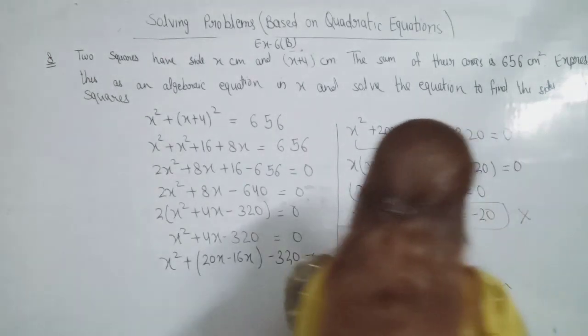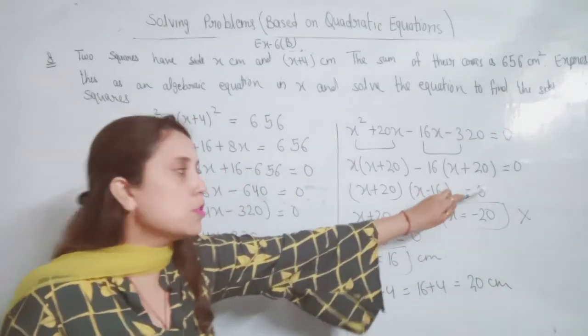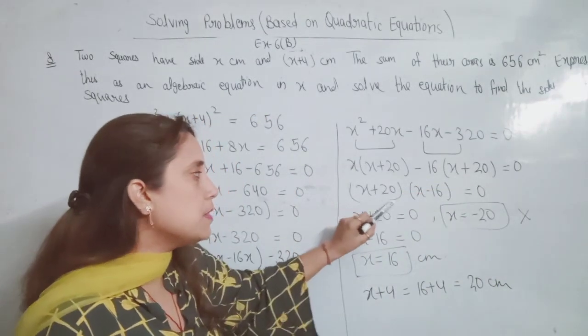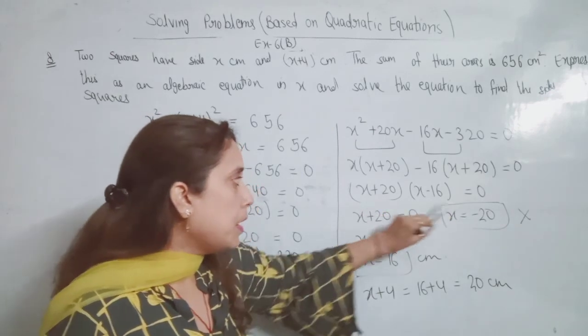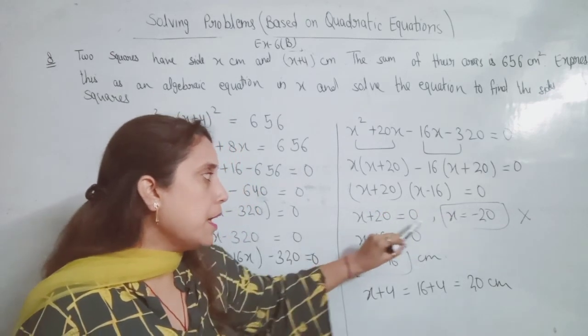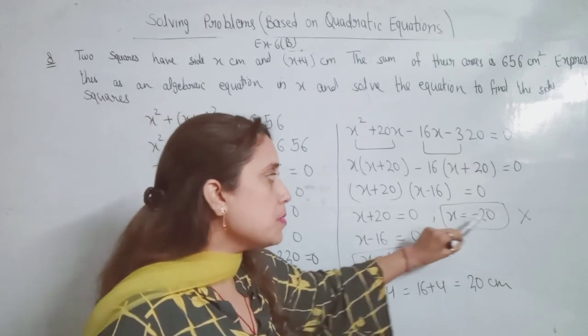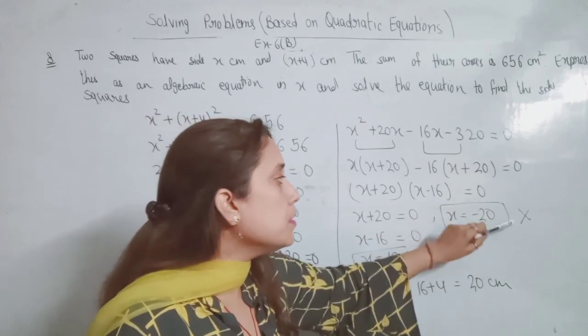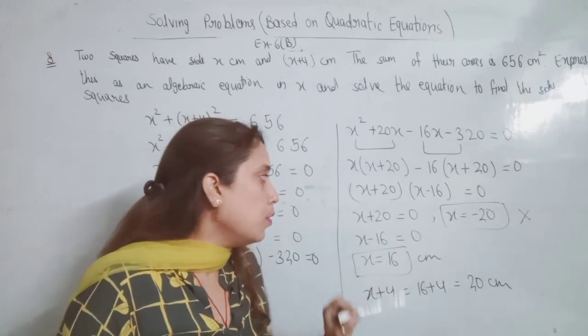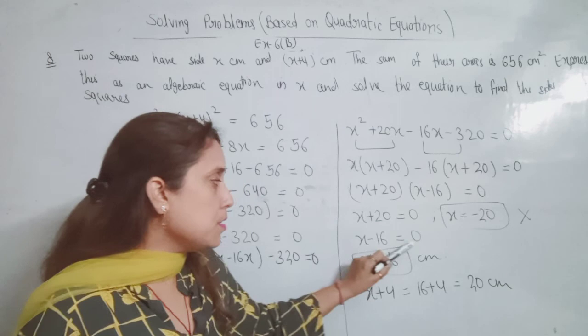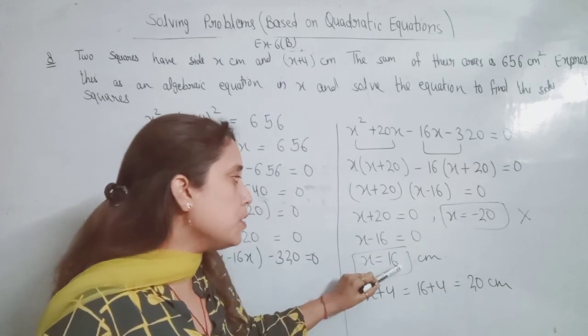So in bracket x plus 20. So the two factors are x plus 20 and x minus 16. When we equate x plus 20 to 0, x comes minus 20 and we can't take a negative side. Okay, so x minus 16 is equal to 0, x is equal to 16.